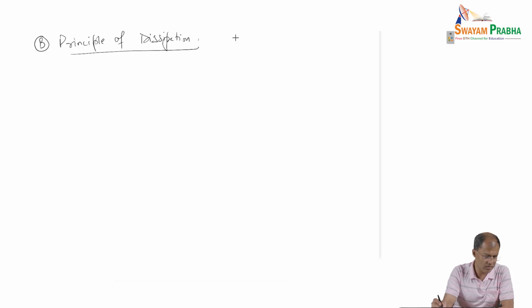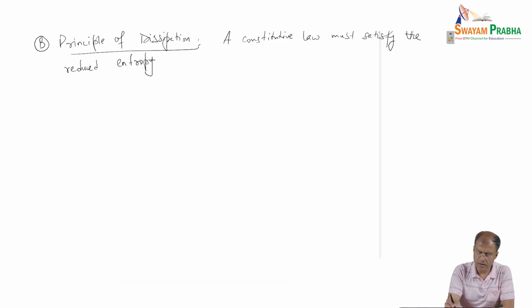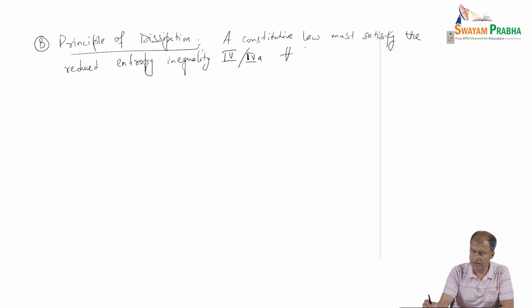What it says is that a constitutive law must satisfy the reduced entropy inequality, for A, whatever the frame of reference is, for all physically consistent values of its argument.